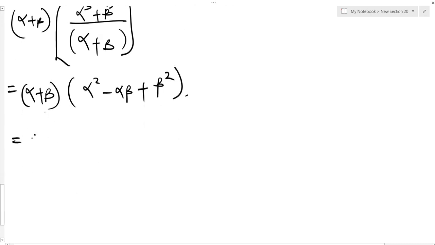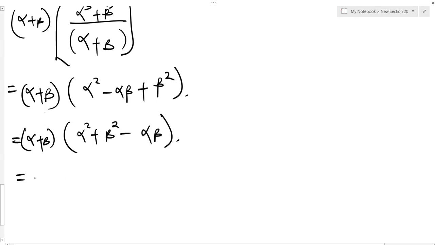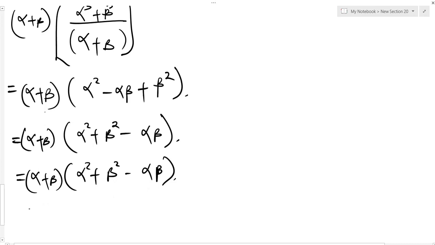Now we now have alpha plus beta all times alpha square plus beta square minus alpha beta. We now have alpha plus beta, alpha square plus beta square minus alpha beta. Now we have this, we have gotten this to be 7 over 2.